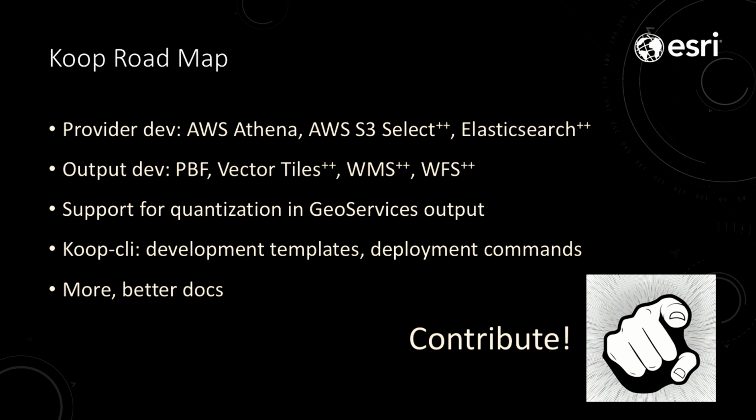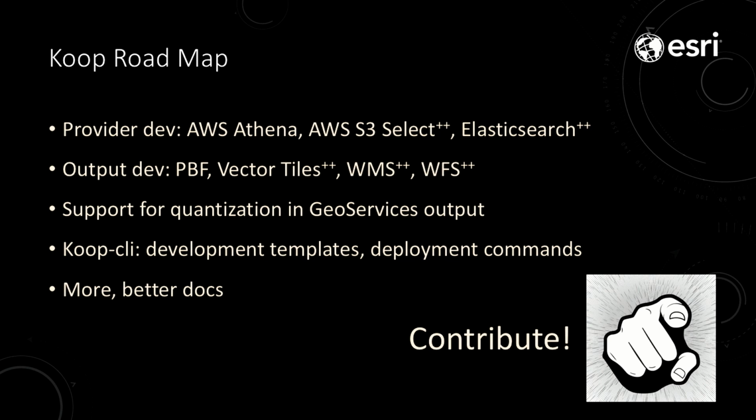You can have files on S3, and if they're a certain type of CSV or JSON, you can use a subset of SQL to request that data. So we've started to build a provider that uses S3 Select to pull in data to Koop. And that's what I was using in the demo earlier for the S3 layer, the breweries layer.